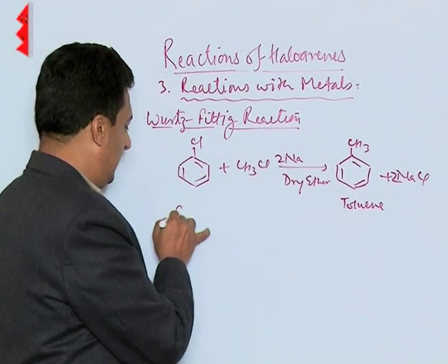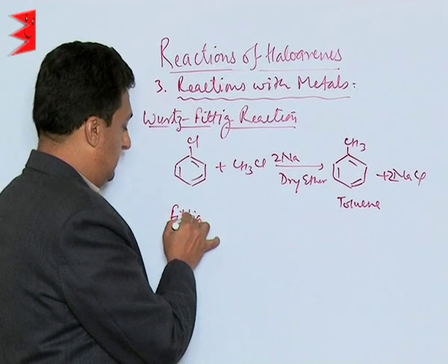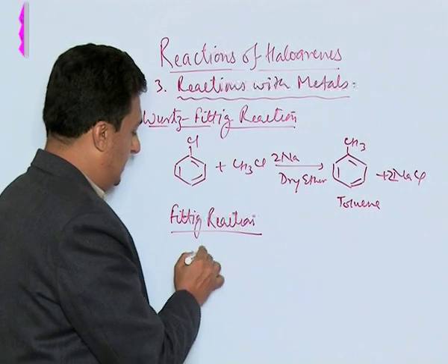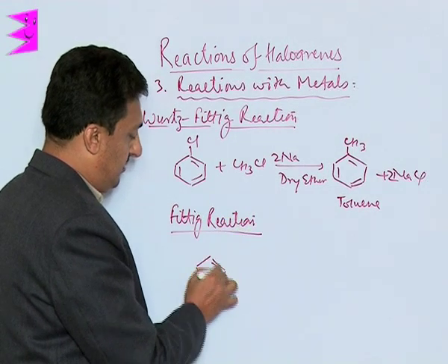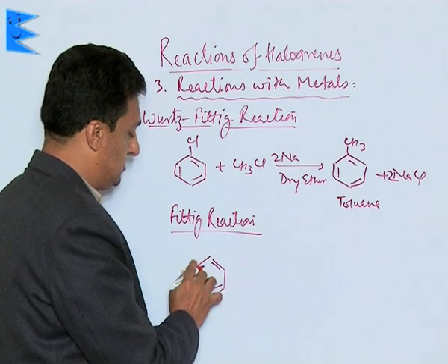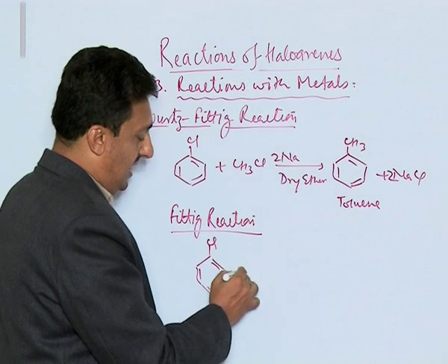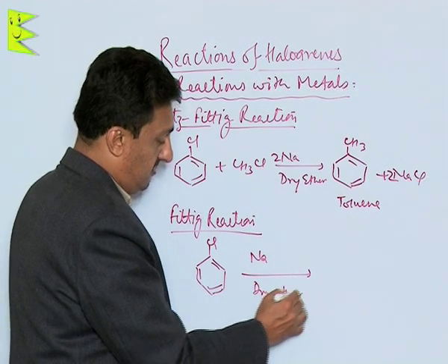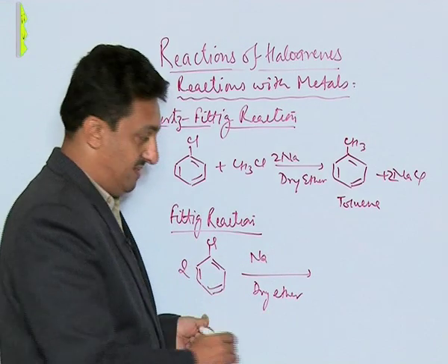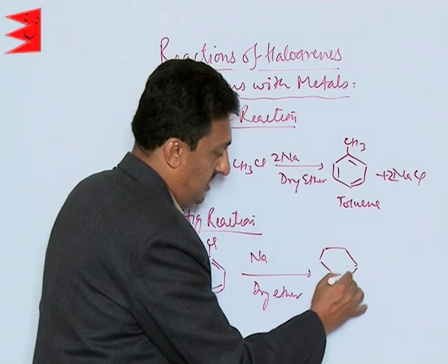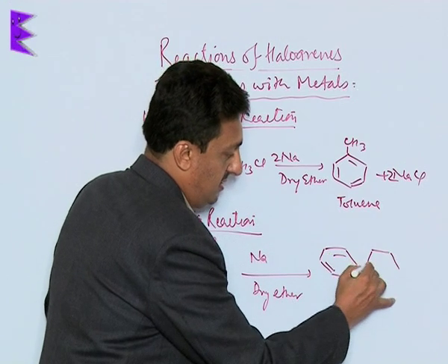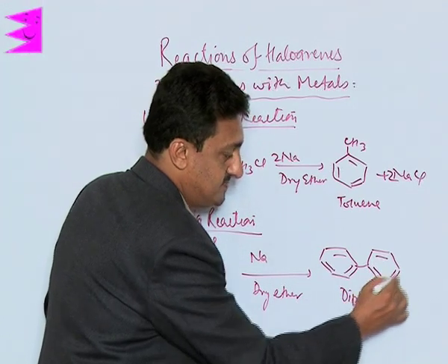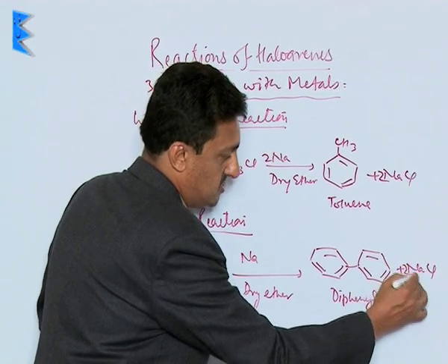The next in the category is a very similar reaction called the Fittig reaction. Now in this, only the Wurtz type of reaction is actually being carried out with aryl halides. When aryl halides are treated with sodium in presence of, of course, dry ether, two of their molecular species combine with each other, and we get diphenyl and of course NaCl, twice of this.